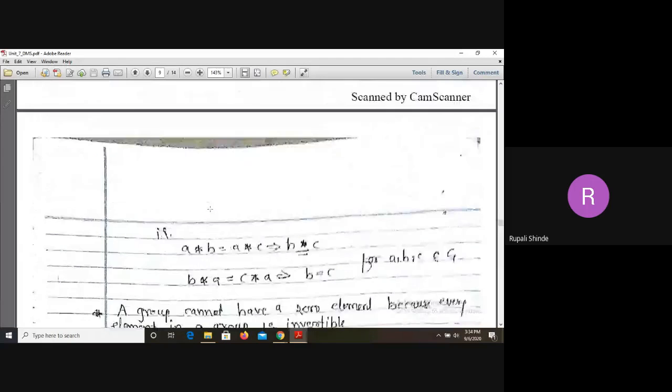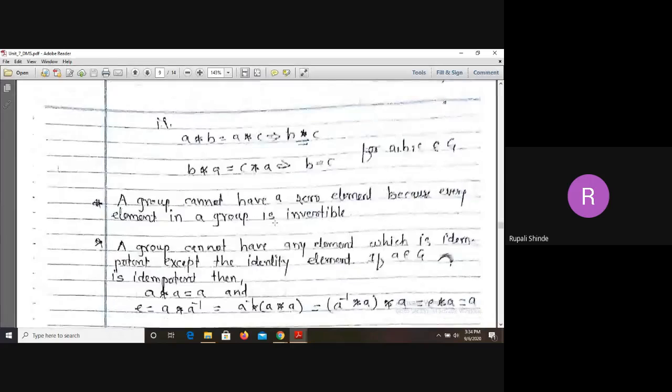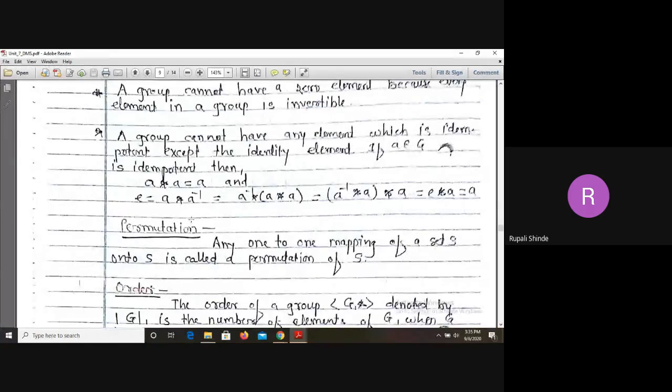Likewise, we have seen this property for inverse: X into X inverse is equal to E. Now we have just replaced X by A, so A into A inverse is equal to E, and E is the identity element. Again, here we have written A is equal to A star A because this is the idempotent property. So again, we can replace this first A by A star A.